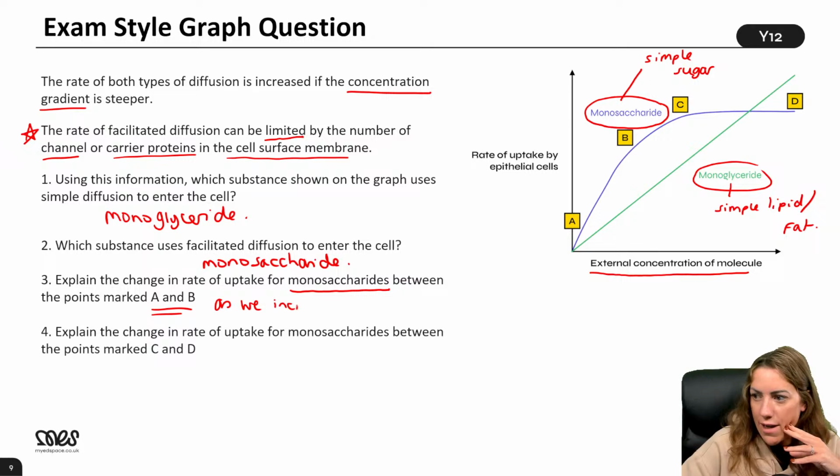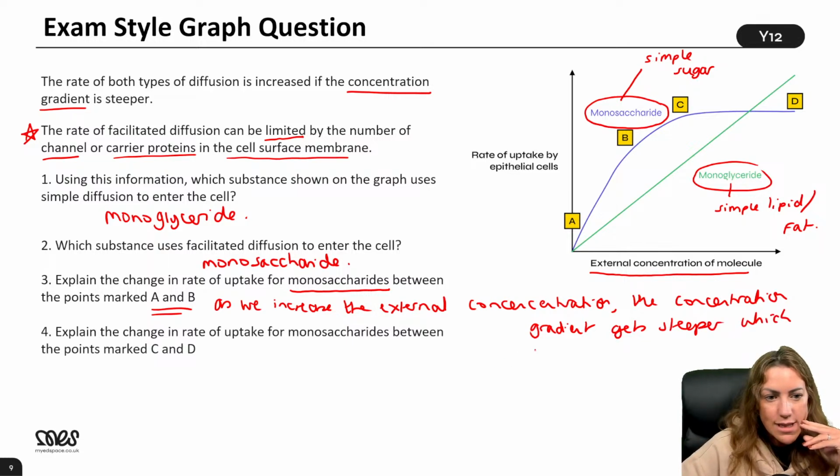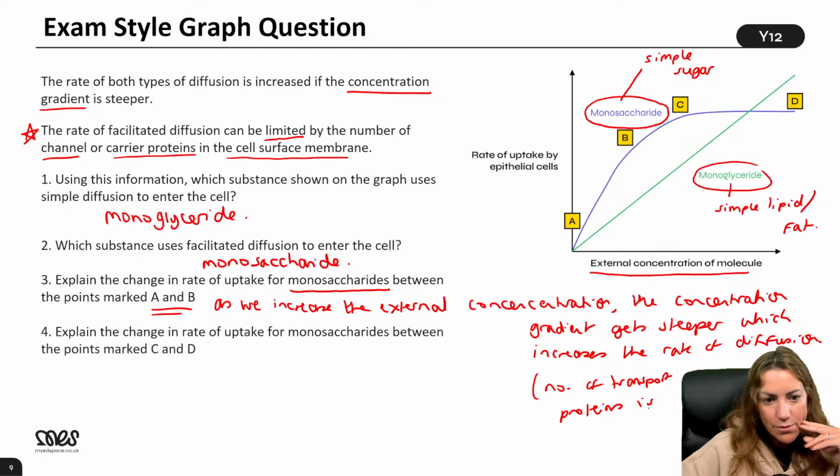As we increase the external concentration, the concentration gradient gets steeper, which increases the rate of diffusion. And at this point, the number of transport proteins is not limiting.